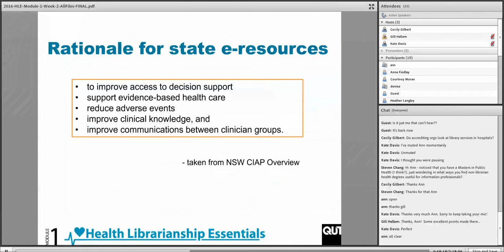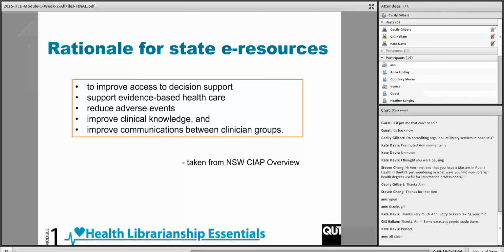So, just stepping back a little bit, the rationale for statewide provision of e-resources. I'm using the rationale that was provided in New South Wales some years ago for the Clinical Information Access Program, or CIAP as it was known. This was probably the first state consortium group and got going in the late 90s.